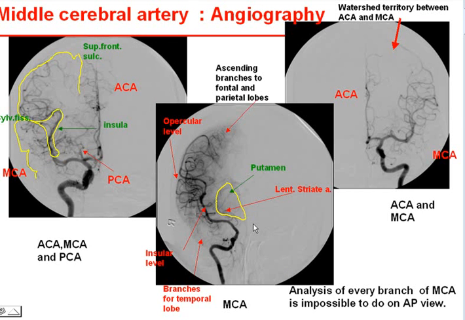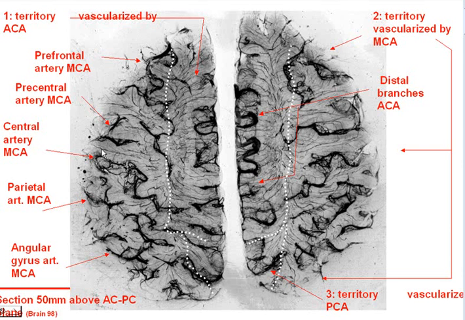Again, you can see the basal ganglia sitting here, and the medial portion of the basal forebrain has the hypothalamus. So the ACA is responsible for vascularizing the hypothalamus.